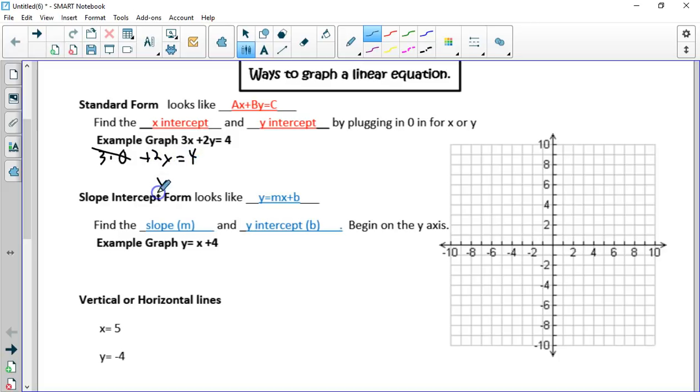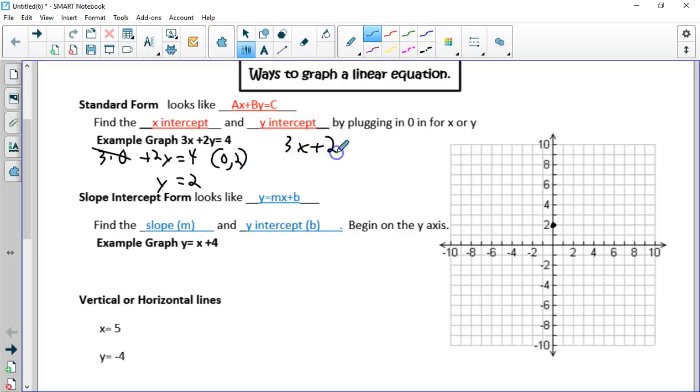We solve for y, divide by 2, we get y as 2. So that means we're going to put a 0, 2 right there, because we said x was 0 and y was 2. And that's 0, 2.